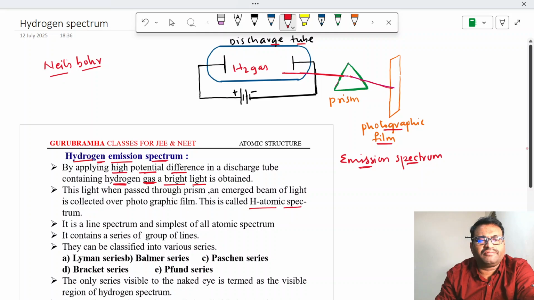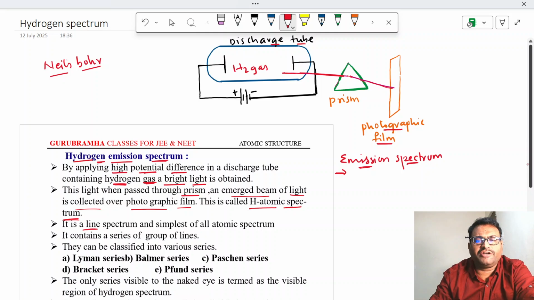Hydrogen spectrum. The emerging beam of light from the prism is collected over the photographic film, and that is called the hydrogen spectrum. It is a line spectrum.